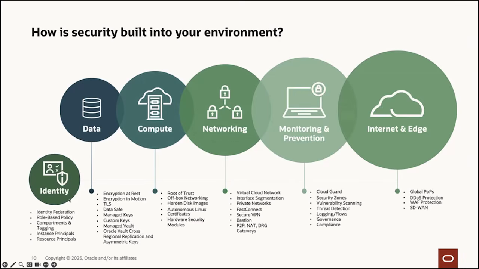By default, your users will not have permissions to interact with any of these other services, and you'll have to grant them permissions where appropriate. As an example, if one of your users wants to interact with the Bastion service or networking, you'll have to grant them permissions to be able to interact with those services. Under identity, we have things like role-based policies.